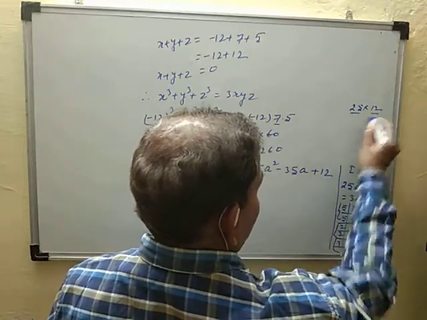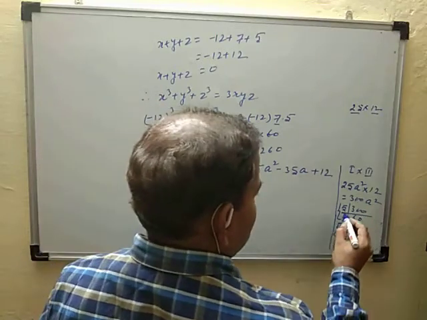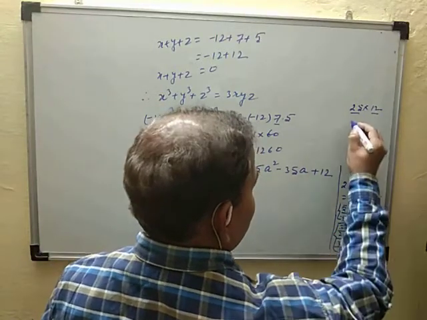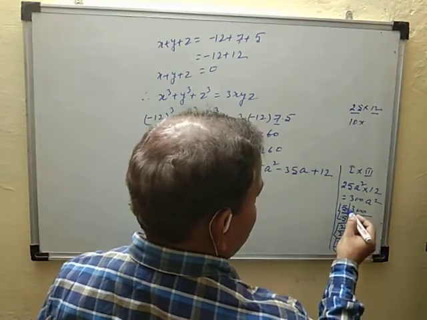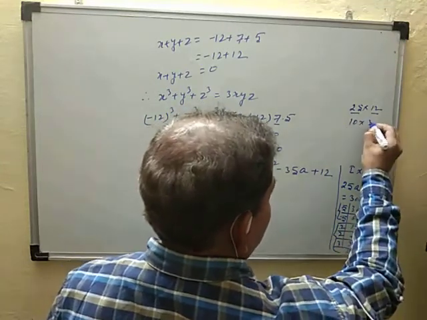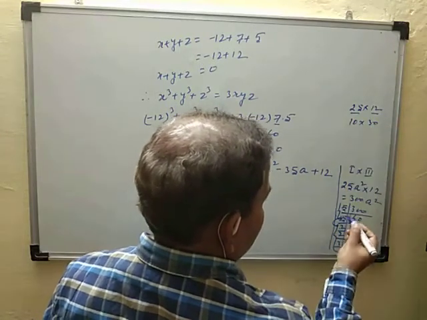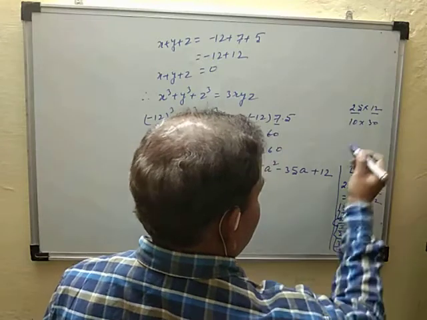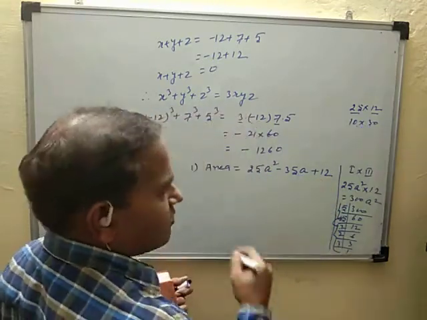Their sum or difference is not equal to 35. So change. Suppose 5 into 2, that is 10, and the other is 30. Their sum or difference is not equal to 35. So make the next combination.